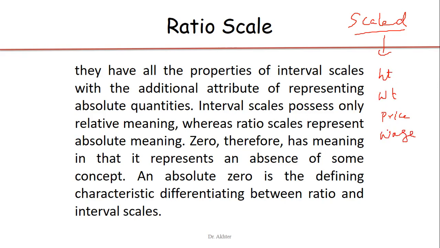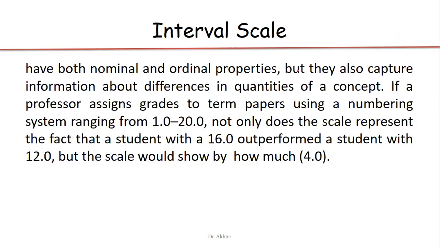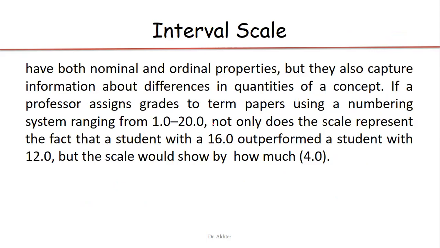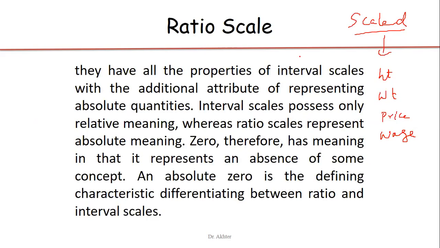All these are quantitative variables, and we can use a general term, scaled variable. Scaled variable can also be split into two, interval and ratio. In interval, we do not have absolute zero, while in ratio we have absolute zero. So absolute zero is a major difference between interval and ratio scale.